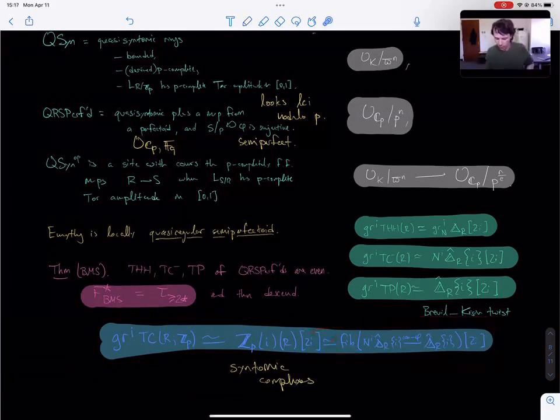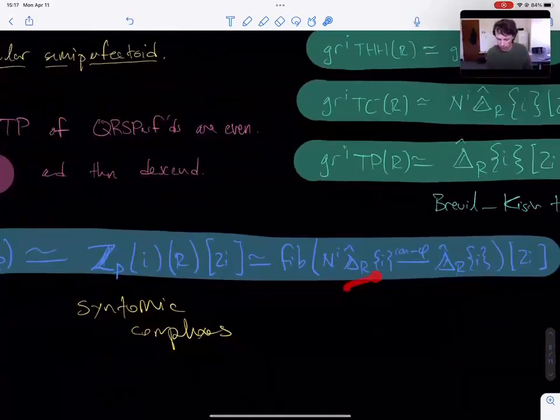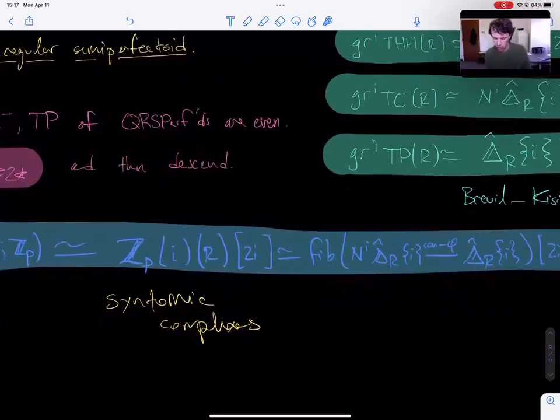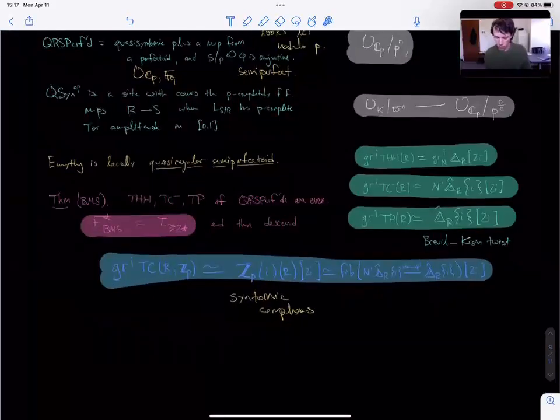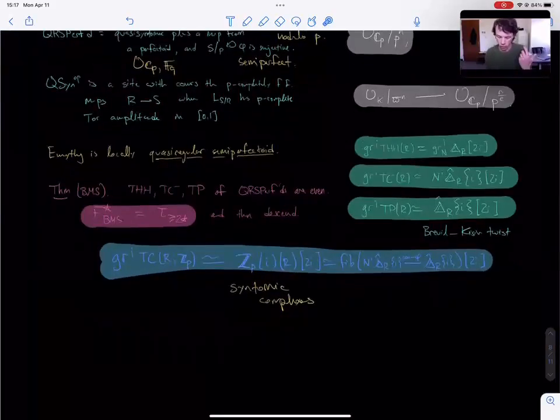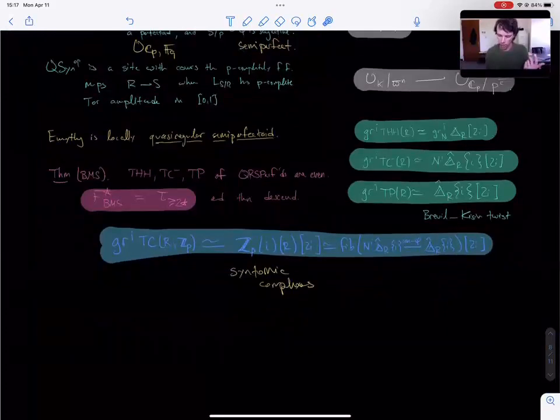It's the fiber of can minus phi on something extracted from TC minus and something extracted from TP. And the point is that these terms have to do with prismatic cohomology, which is given the site-theoretic formulation by Bhatt and Scholze. And the important thing is that means that you can compute these potentially by ignoring all topology and actually just doing prismatic cohomology.